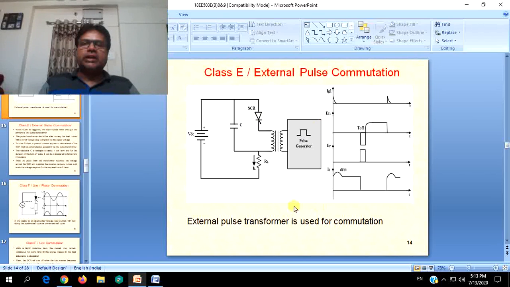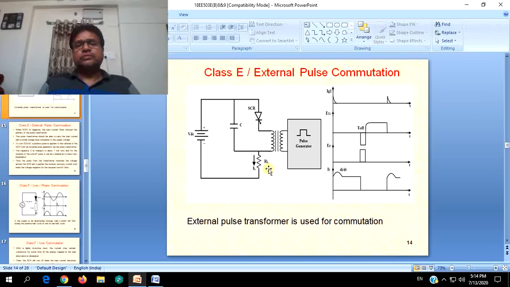In this particular circuit, a pulse transformer is employed, which is connected to a pulse generator. Just to understand this circuit, the load current flows from the source through the SCR and the load.